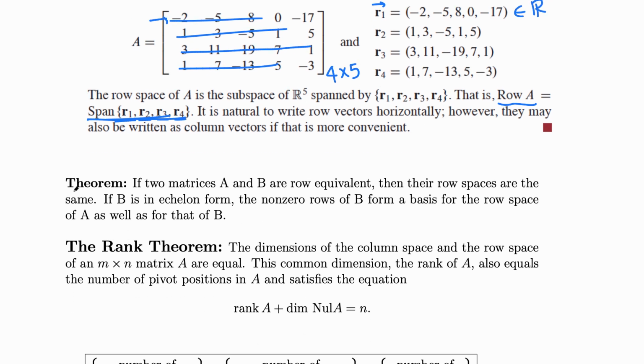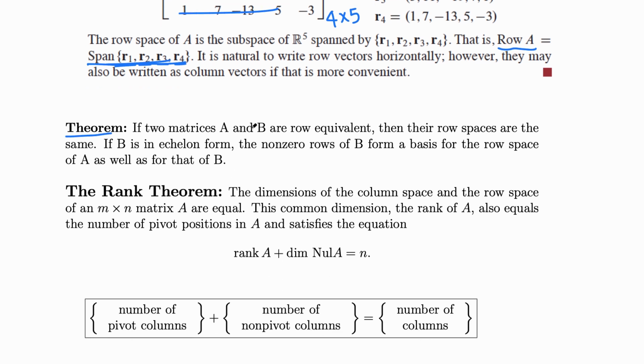Okay, theorem. If two matrices A and B are row equivalent, so we have A and somehow we did the row reduction and we got B, which is row echelon form or reduced echelon form of A. Anyways, if A and B are row equivalent, then their row spaces are the same.